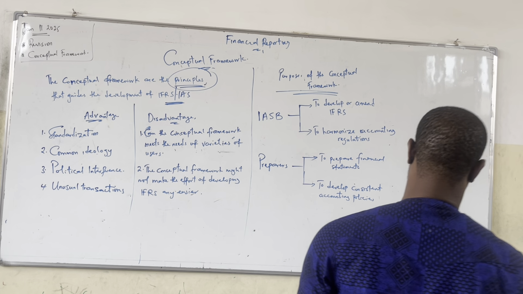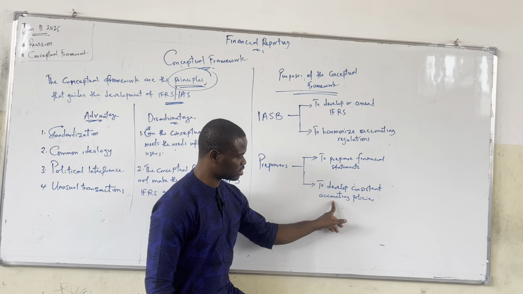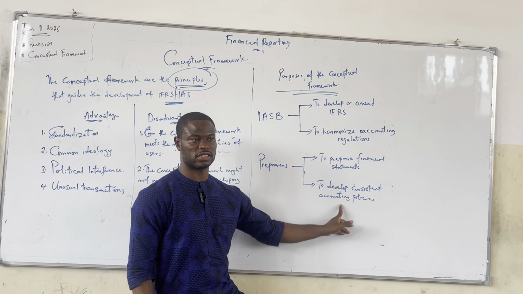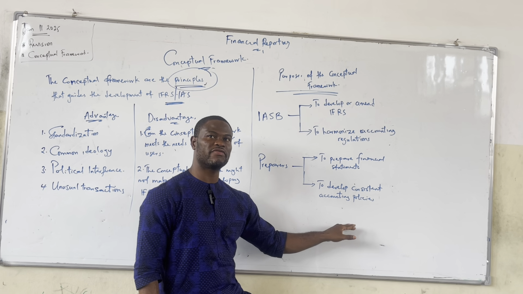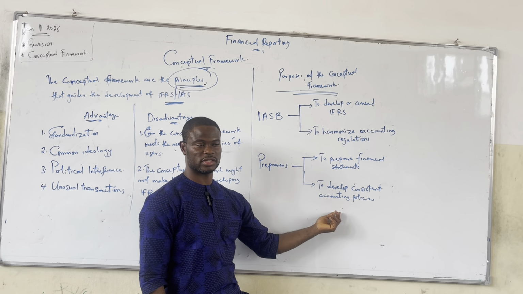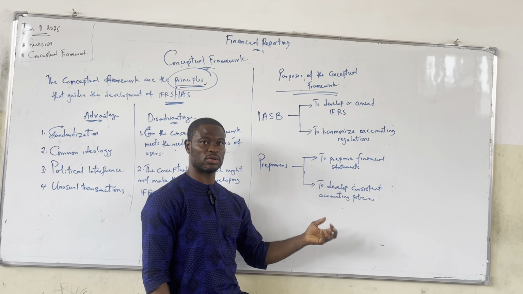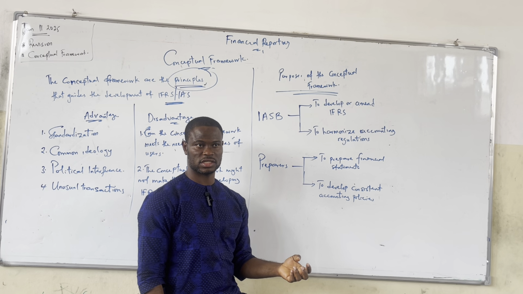This second point, to develop consistent accounting policy, I will teach you in a standard called IAS 8 on accounting policy. There you will learn that every item in the financial statement has an accounting policy, and this accounting policy is usually developed from an IFRS.